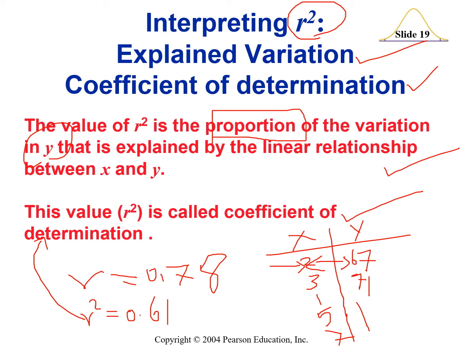So 0.61 means, in this example, that 61% of the variation in students' scores is explained by the variable of time of reading. Again, 61% of the variation between students in score is explained by the linear relation between x and y, or by x, or is due to variation in x.